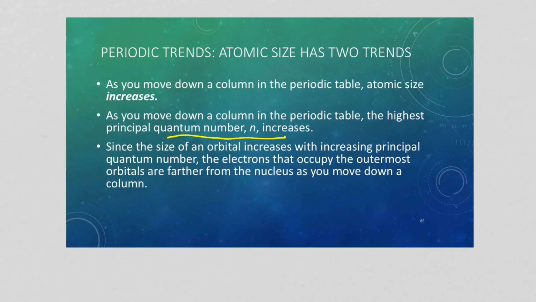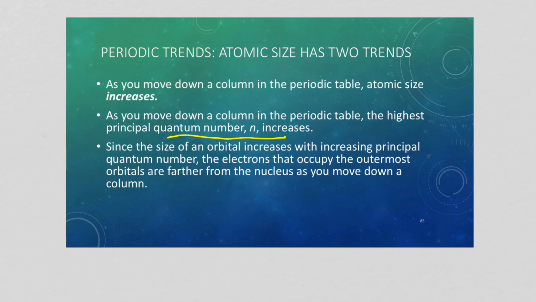So if our last electron is going into, say, a 3p orbital instead of a 2p orbital, well, the 3p orbital is bigger, and so those electrons will have a higher probability of being further away from the nucleus, making the distance between those valence electrons and the nucleus larger.